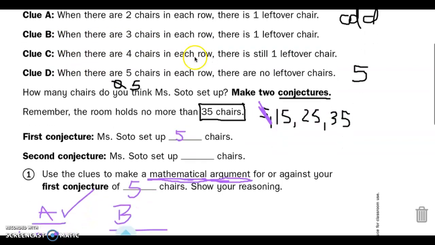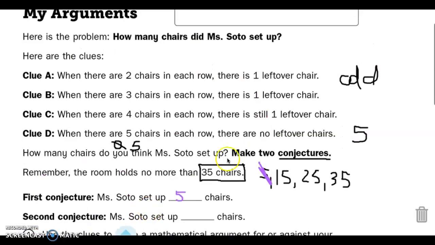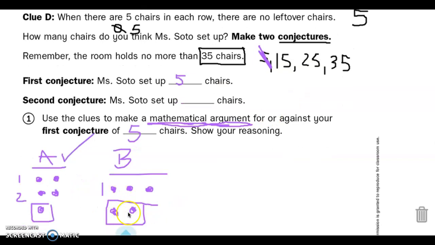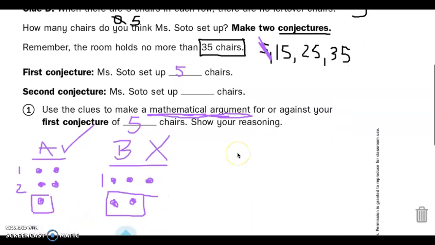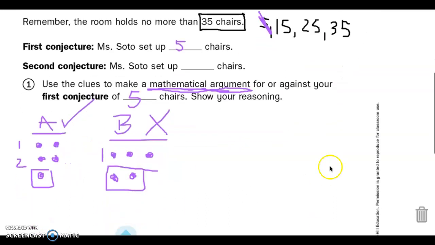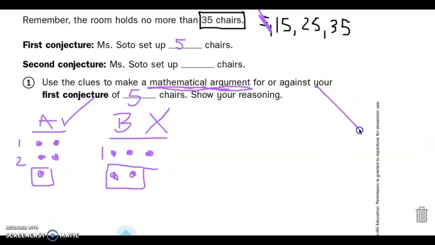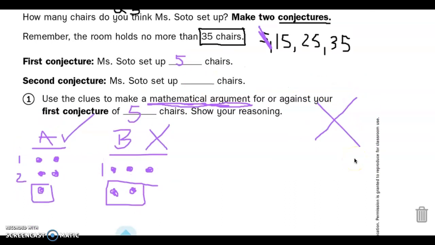When there are 3 chairs in each row, I have 3 chairs in this row, and 1 left over. Does that work? Oh, you know what? I have 2 left over. Oh, no, that is not going to work. It might work for clue C, and it might work for clue D, but if it doesn't work for clue B, then 5 is not our answer. So our conjecture might have been reasonable, but it wasn't the right one.